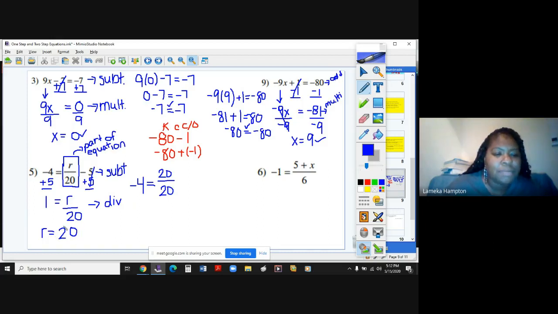That means I can substitute my 20 back into the original equation for R. Now, we know that anytime you have a number over itself, that equals 1. So I'm just going to rewrite this whole thing. So I have -4 equals 1 minus 5.